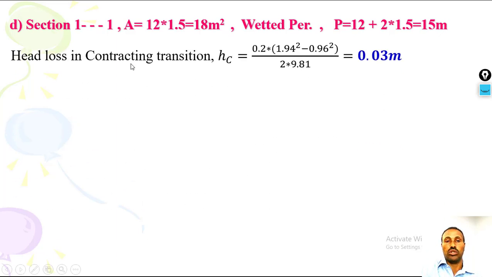Then head loss in the contracting transition, you have 0.2, which is the contraction coefficient, times v square minus this one, v2 square minus this one, which you have already computed here. Then 0.03 meter.